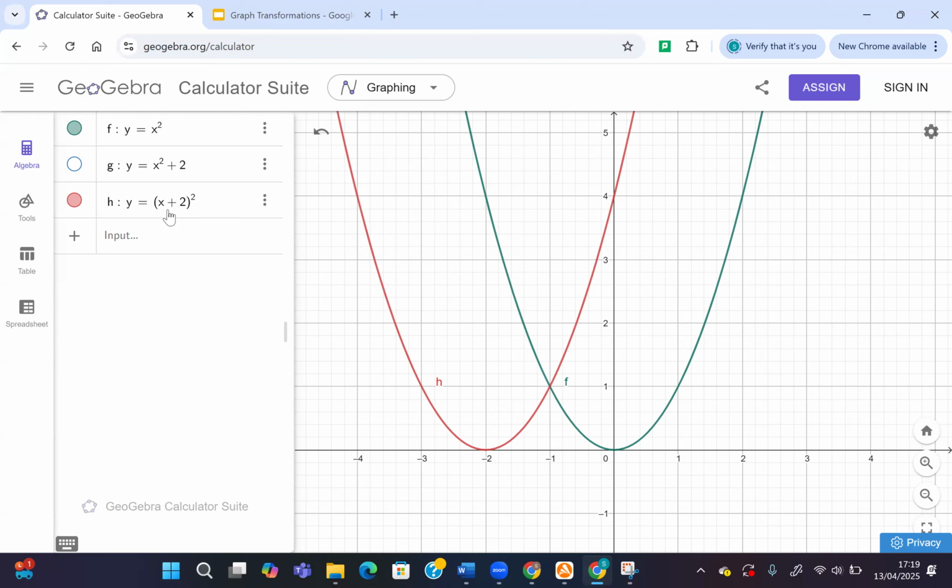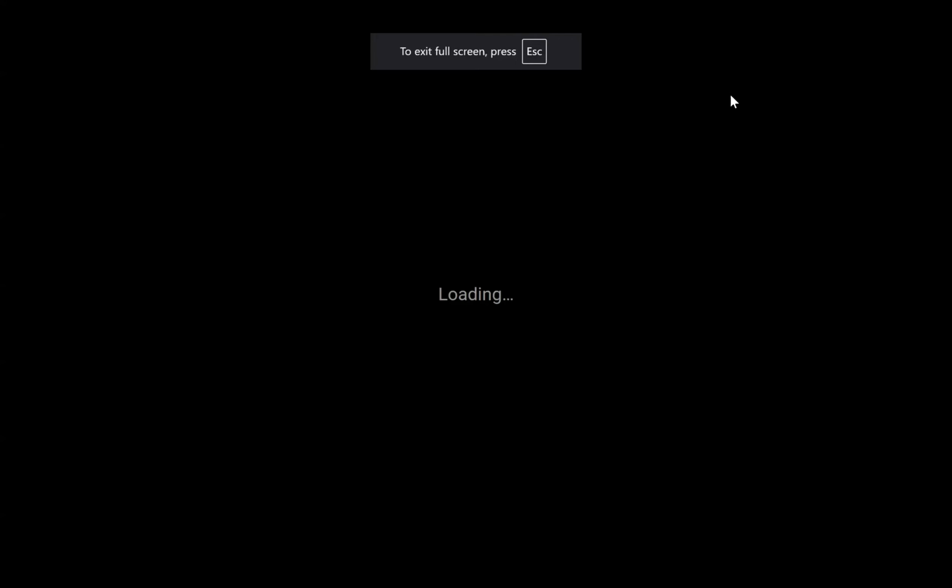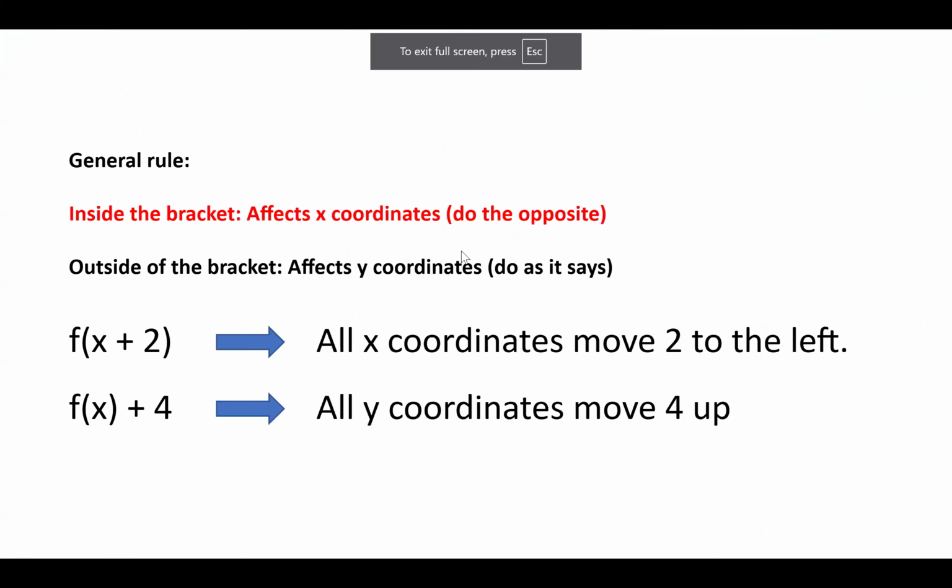So if we go back to this here, in effect, we can understand this as a rule. And you can explore this in more detail if you wanted to using GeoGebra or Desmos. But as a general rule here, if the transformation is inside the bracket, then it affects the x coordinates and we do the opposite. So here, instead of adding 2, we minus 2 from all of our x coordinates.